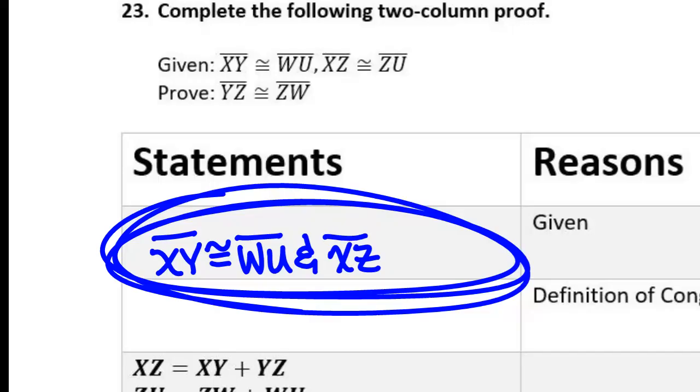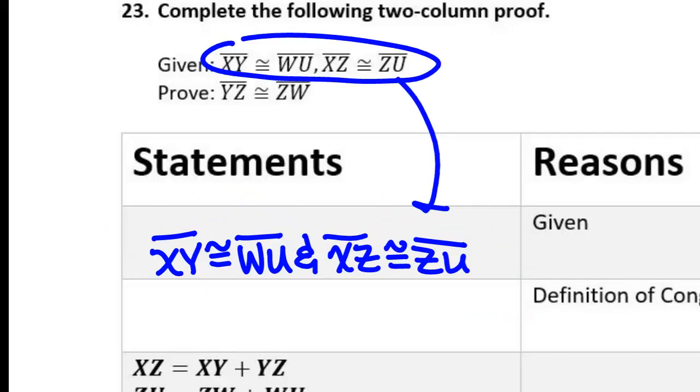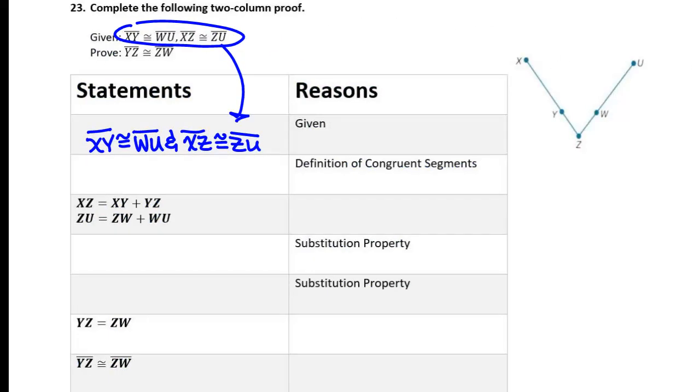XZ is congruent to ZU. Absolutely. They already gave me my reason for that. We can make that statement because it is the given information. It tells me that the next reason is the definition of congruent segments. Do we have any congruent segments?